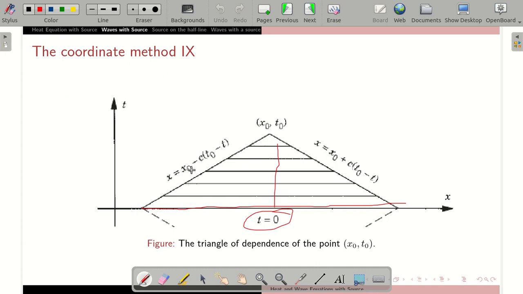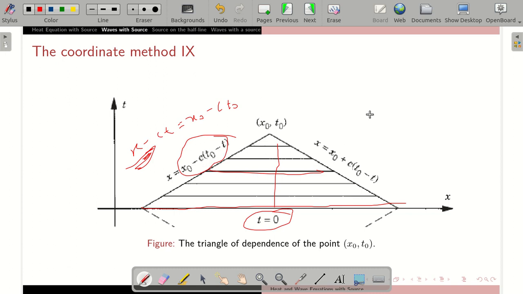Second, for x, here you get x minus ct equal to the constant x0 minus ct0. So solve for x: x will be x0 minus c, t0 minus t.